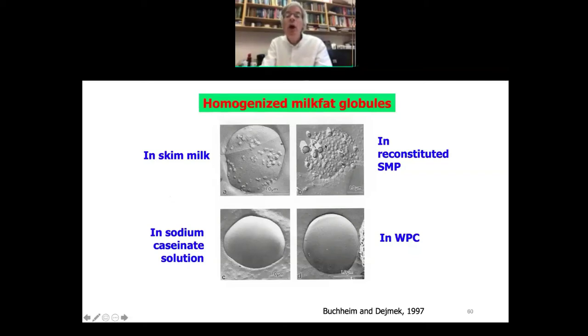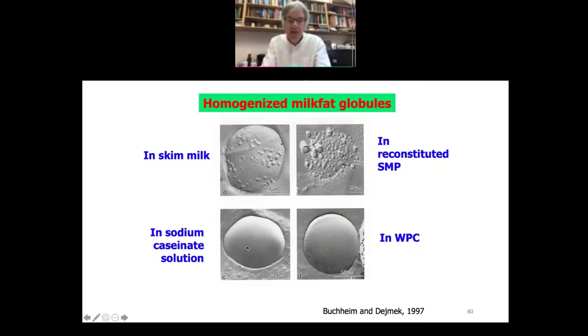So you can see here in the top right that we have fairly large casein micelles, and they're much more heterogeneous, because in the production of the skim milk powder, they have interacted with whey proteins to some extent, and you get these aggregates, whey protein casein micelle aggregates. So reconstituted skim milk powder will form a good emulsifying layer, but the low heat powder would be better than the high heat powder so that we avoid some of these aggregates. And we get a more uniform surface coverage.